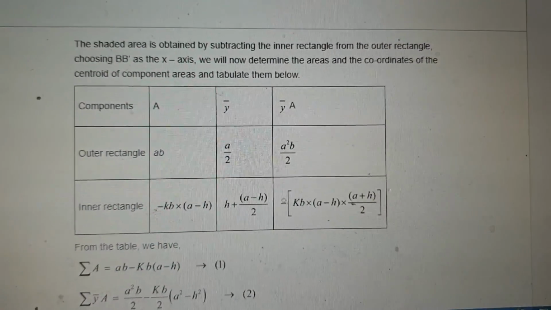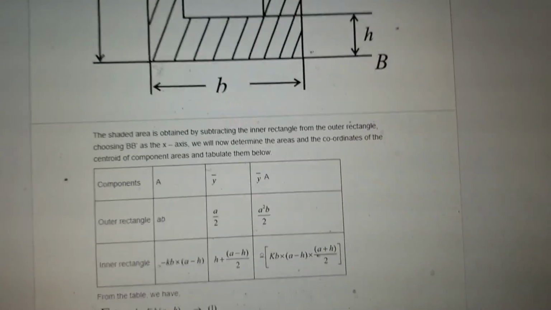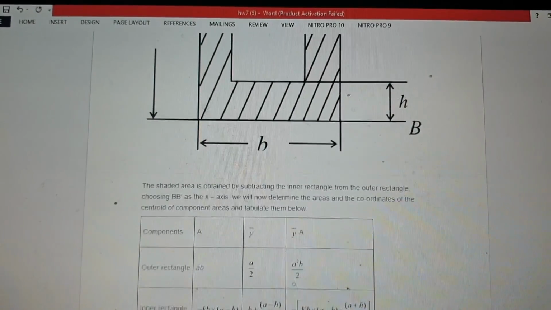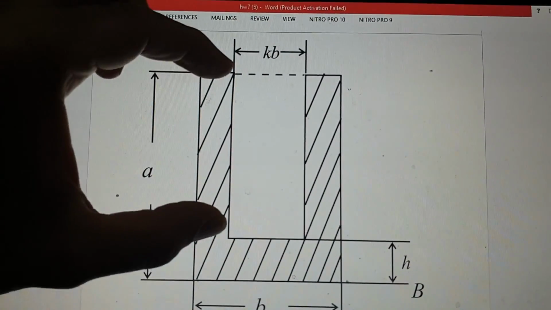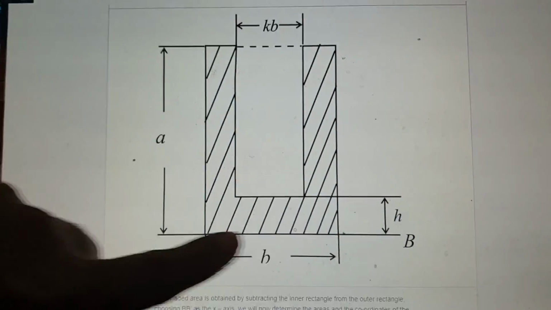That is the area. Now, where is Y bar? Y bar is the centroid of this away from the x-axis, away from B prime.